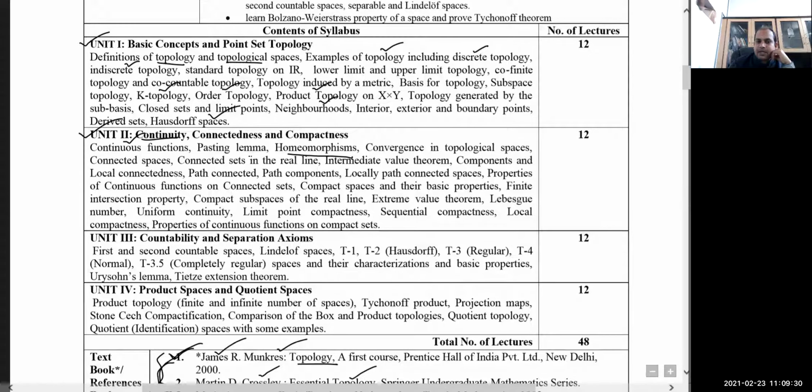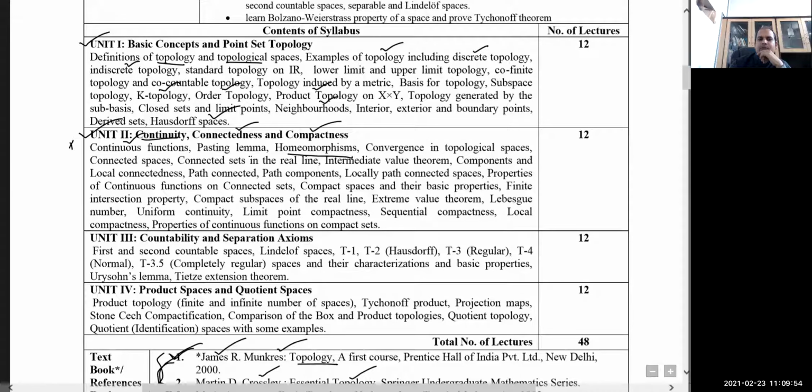Any property which is preserved under homeomorphism is called a topological property. Out of them, connectedness and compactness are two topological properties which we will study.